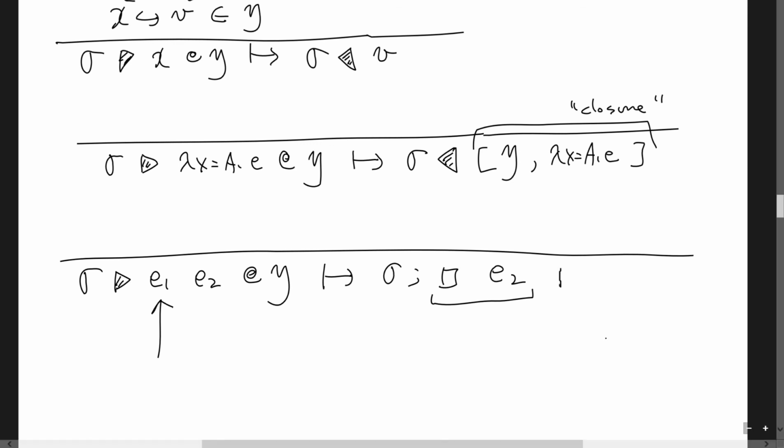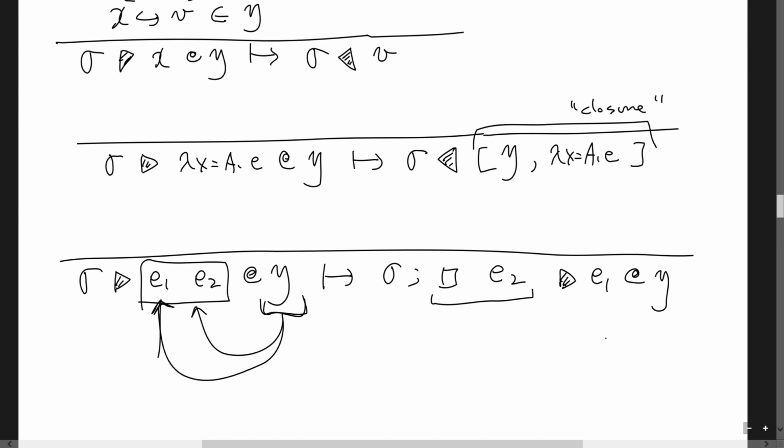And we would like to analyze expression E1 under the same environment eta, because this environment eta applies to both expression E1 and E2. In other words, this environment is effective in the scope of this expression E1, E2. So when you analyze expression E1, you of course want to use this environment eta.